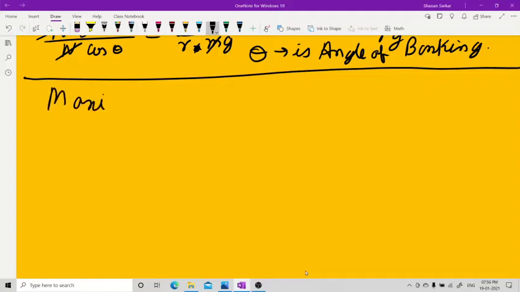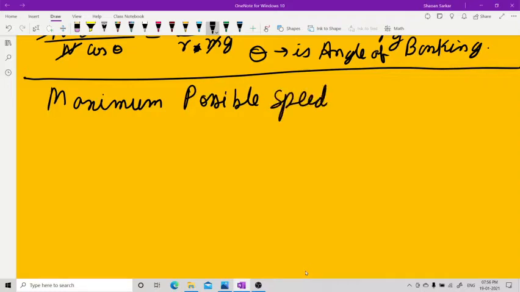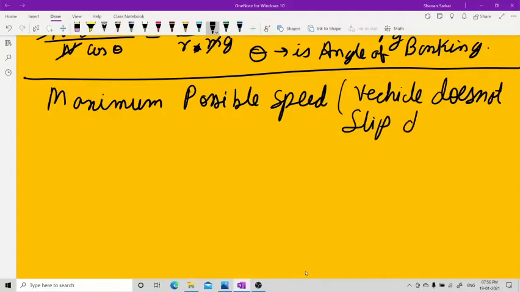Maximum possible speed, I'm taking in short. The vehicle does not slip down. I'm using the down one first. Remember this, down one.